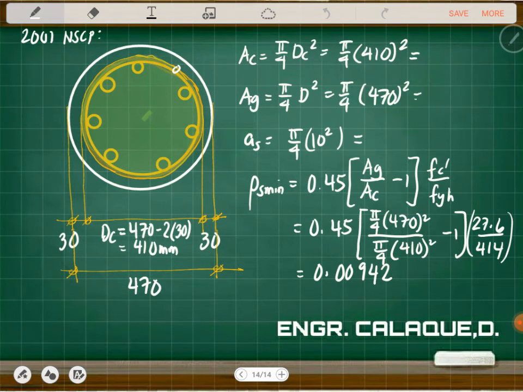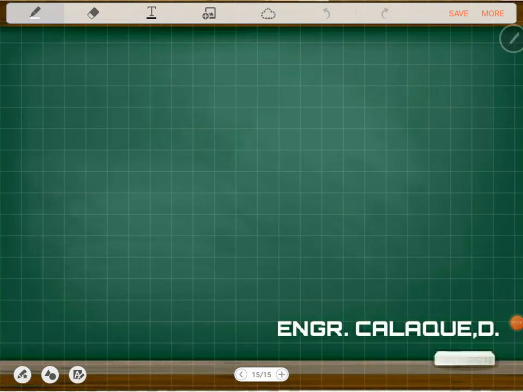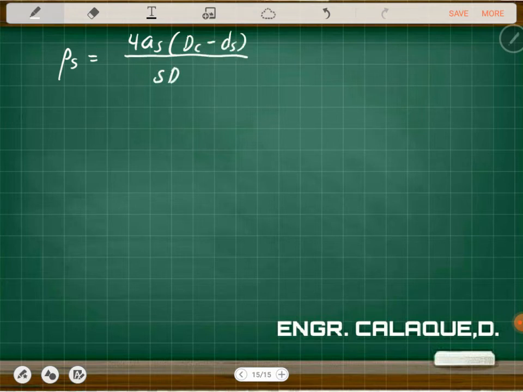Now we can compute the spacing of the spiral using the formula. Rho_s is 4 As times (Dc minus Ds) all over S times Dc squared.